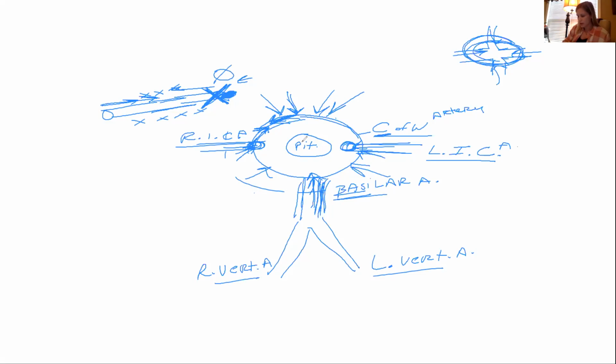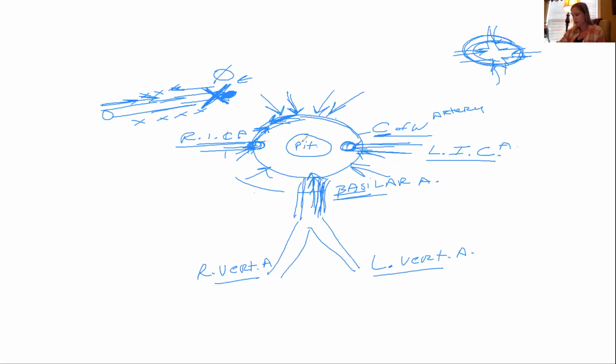So on our blood vessels worksheet, it says which arteries listed for question 12 are anastomoses. So we have ascending aorta, aortic arch to the brachiocephalic trunk, to the right subclavian artery, to the right vertebral artery, to the basilar artery, to the circle of Willis.